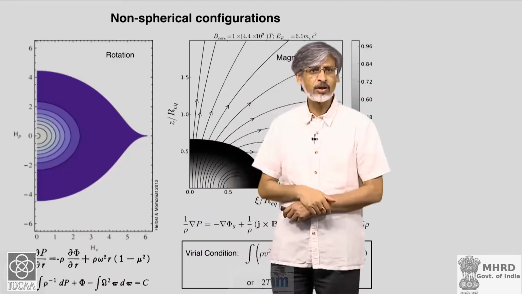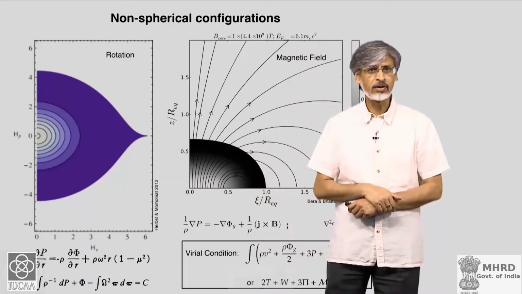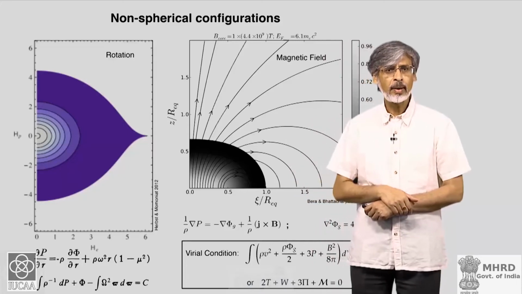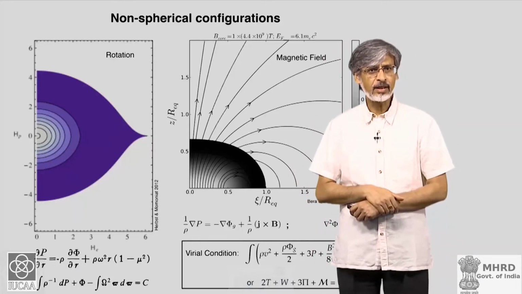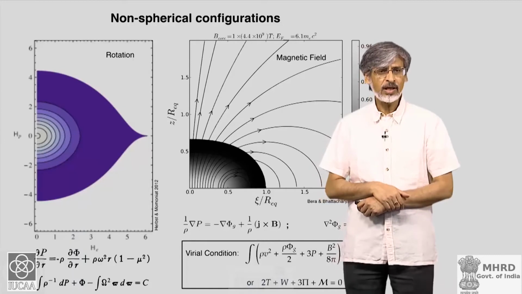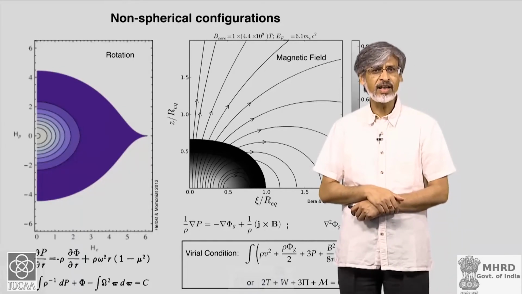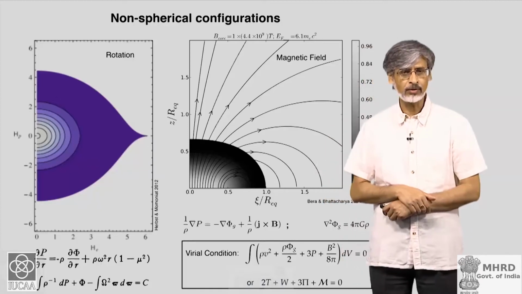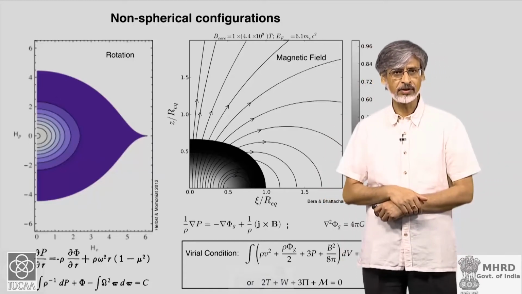And because of this additional support from the centrifugal forces, the maximum mass that can be supported with these fast rotating configurations is slightly higher than the 1.44 solar mass Chandrasekhar limit that we have encountered before for spherically symmetric configurations.